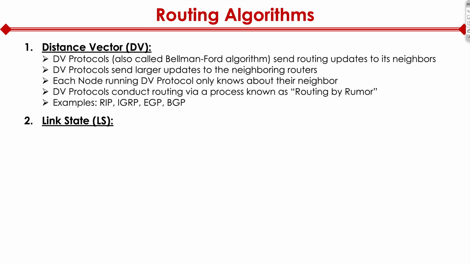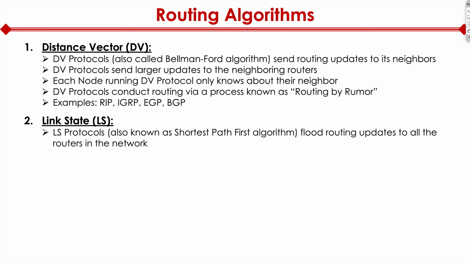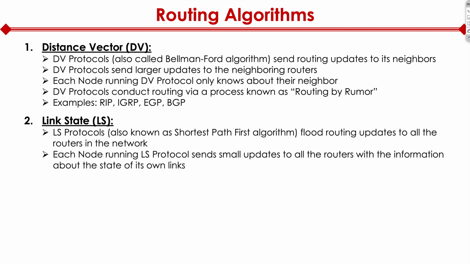Link state protocols, also known as shortest path first or SPF algorithms, flood routing updates to all the routers in the entire network. So the idea here with link state is that all the nodes, all the routers in the entire environment know about everybody else. And small updates are sent to the routers in link state because everybody knows about everybody already.